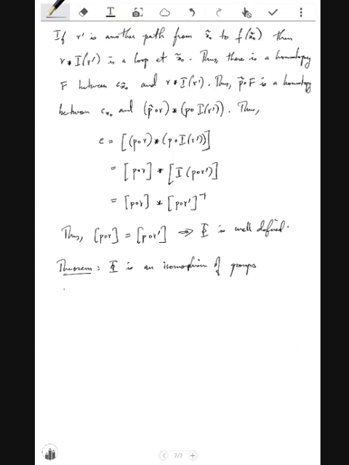So proof. Suppose the class of p composed with gamma is the identity, this implies p tilde composed with gamma is null-homotopic.